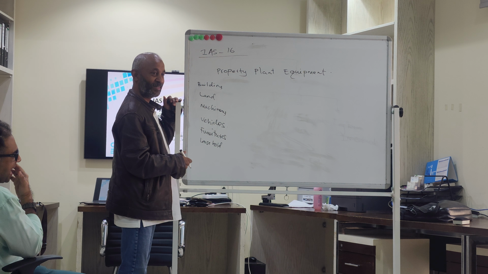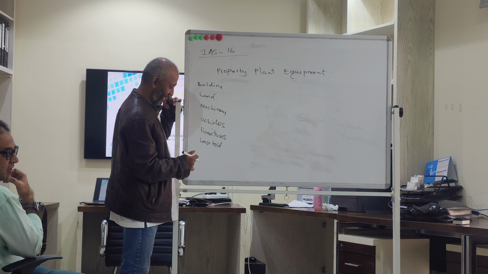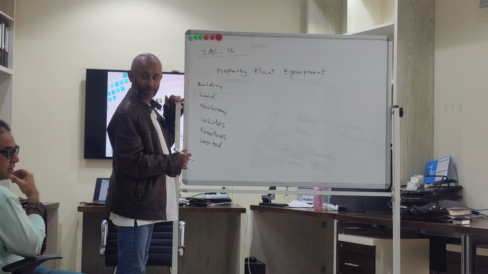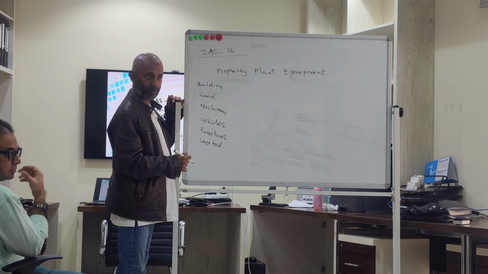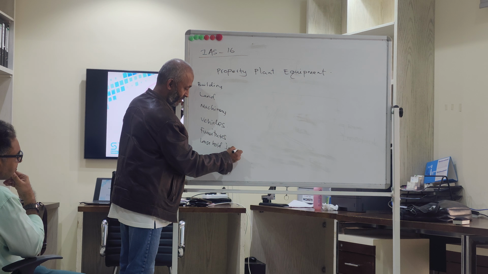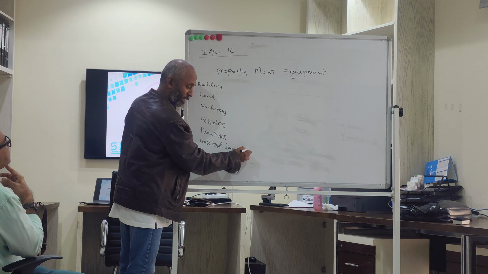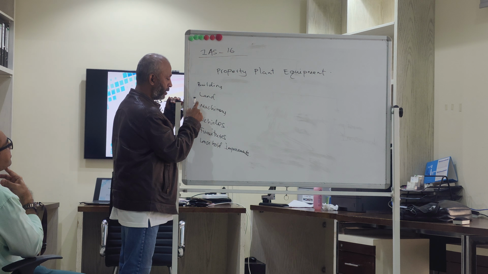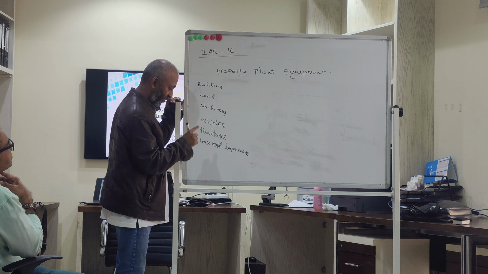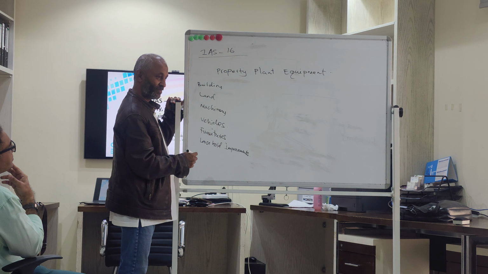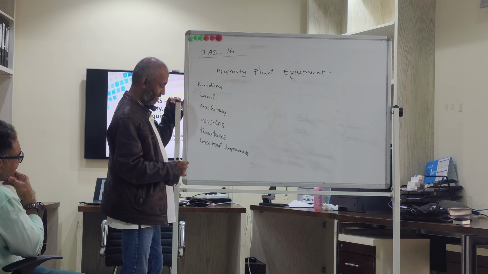We don't have internet. That's the problem. You said something else: land, building, machinery, vehicle, furniture, leasehold improvements. Anything else we're missing out? Leasehold improvements, computer equipment, furniture.